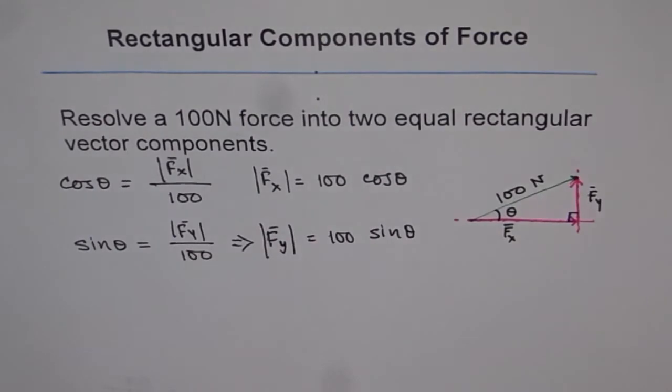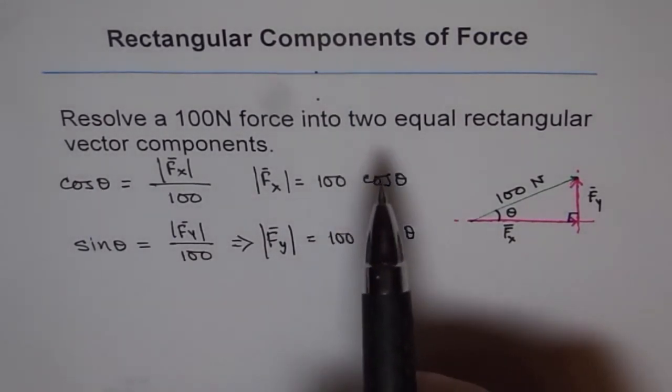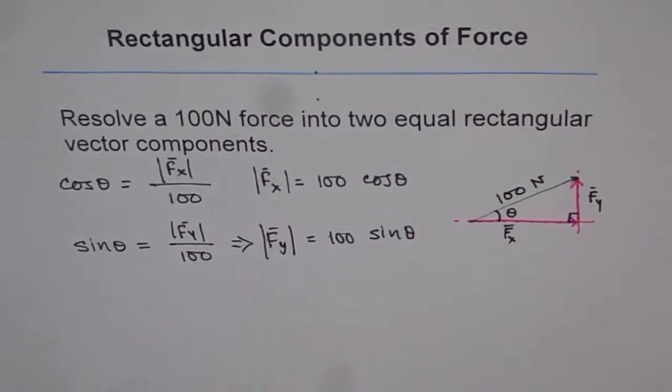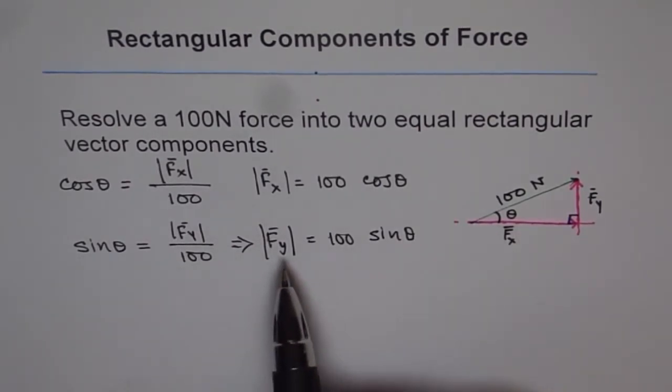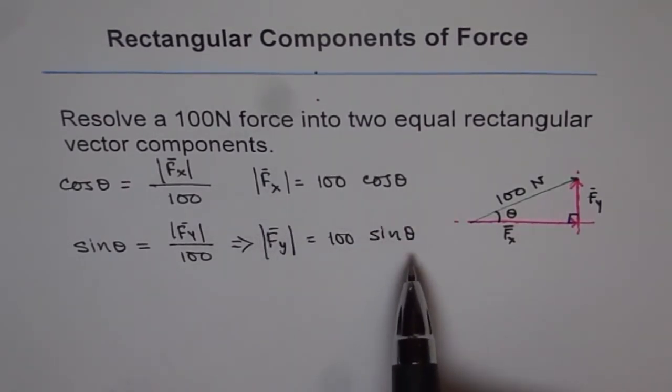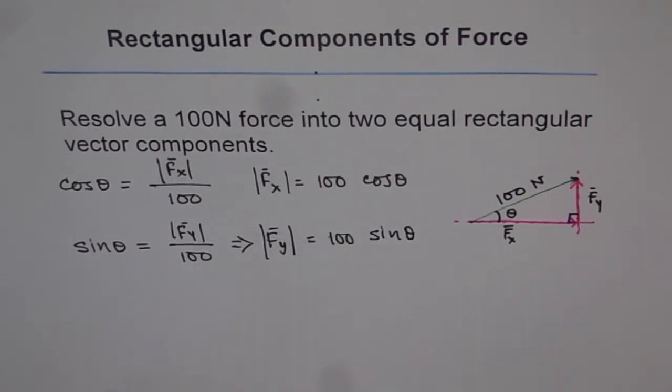So this is a very general solution which I am coming up with, and then we will later talk about two equal components, right? First, I want to give you a basic approach to this kind of problem. Now, we get what each component is in terms of the original given force or vector.